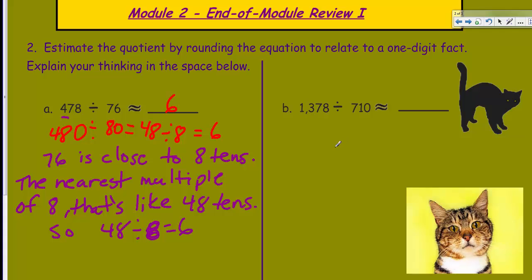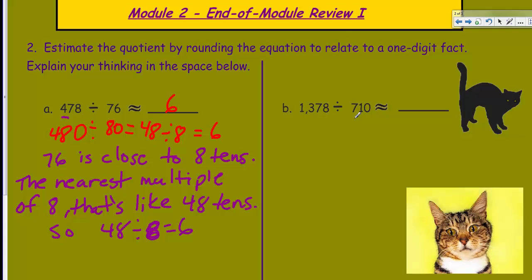Now let's move on to this one here. We've got a little bit more challenging one. It looks like we've got 1,378 divided by 710, and they're asking us for the rounded. In this case, it's a little bit larger, but it's still kind of the same. We're going to go ahead and just round this number first.